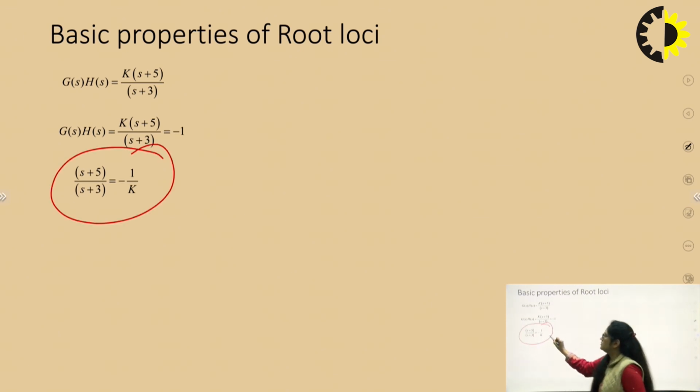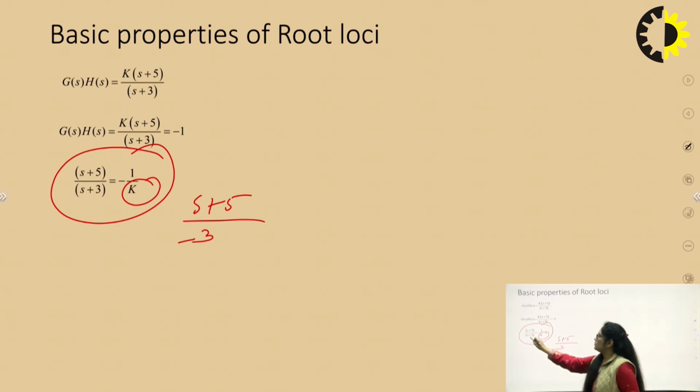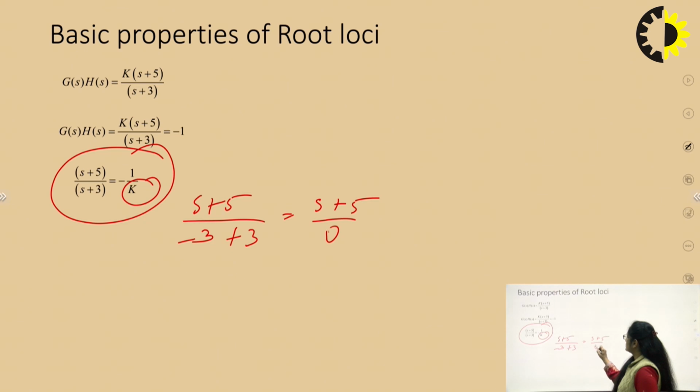When K is equal to 0, this part should be infinite, that is, (s plus 5) upon (s plus 3) when S is approaching the pole, that is minus 3, which makes s plus 3 equal to 0.